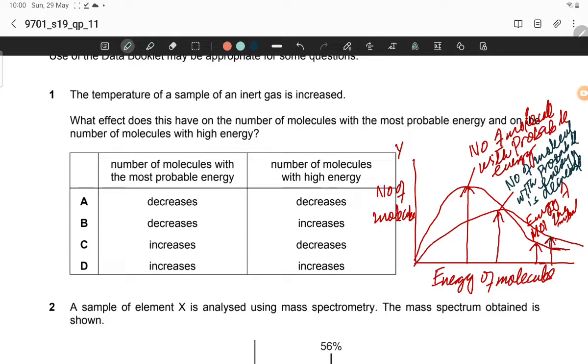And at this point, the energy of the molecules, the number of molecules with high energy is increased.